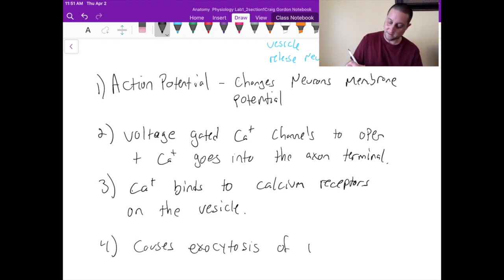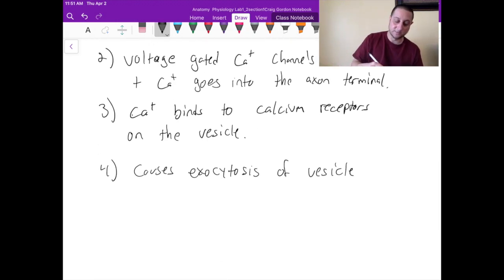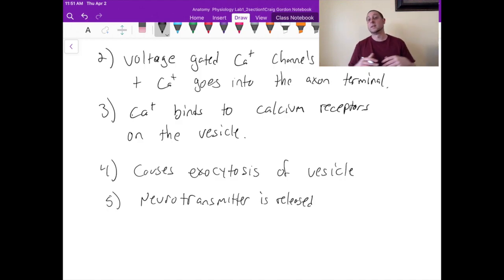And then if that vesicle breaks open, what's going to happen? Neurotransmitter is released. Right? And so what could that do? That could cause another action potential in another neuron.